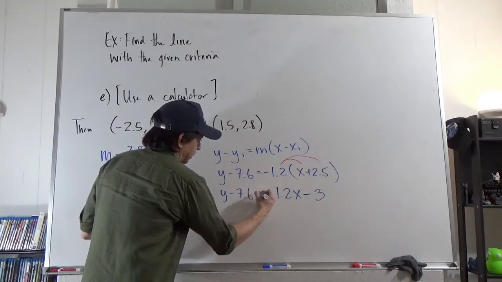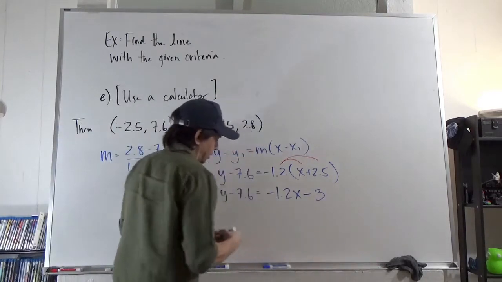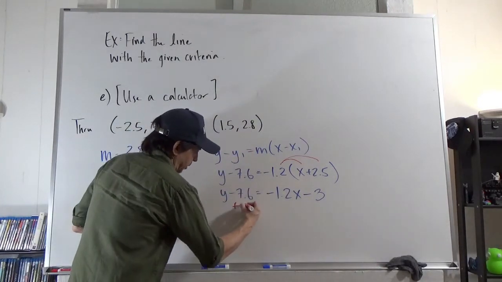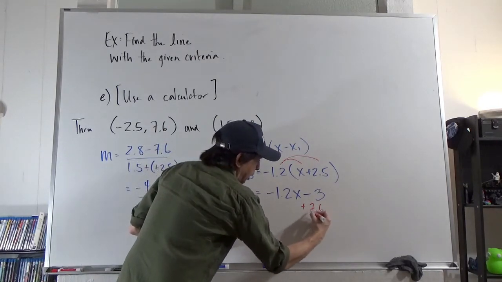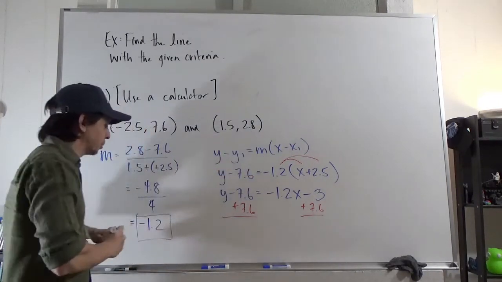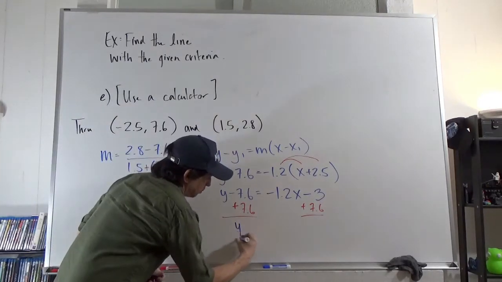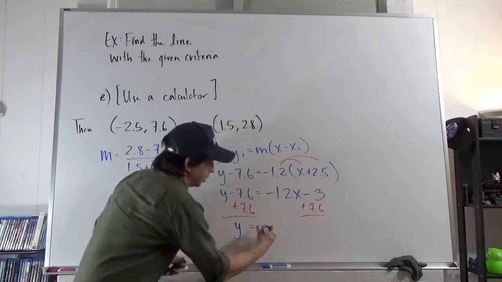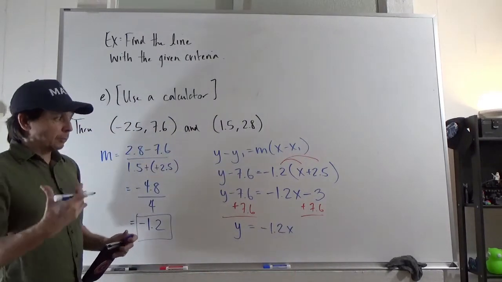Final answer will be decimals, though, because I'm going to now have to add 7.6 to both sides. That adds with a constant term there. So very similar, other than it looks uglier than it is. y is equal to negative 1.2x, and you should keep track of the signs on your own.